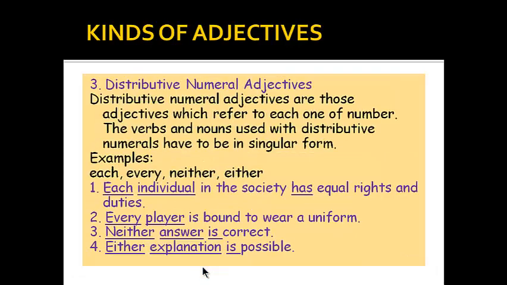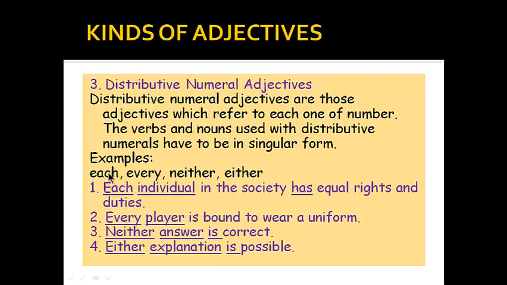The third type of numeral adjectives, which is discussed here, is known as distributive numeral adjectives. Distributive numeral adjectives are those adjectives which refer to each one of a number. The verbs and nouns used with distributive numerals have to be in singular form.